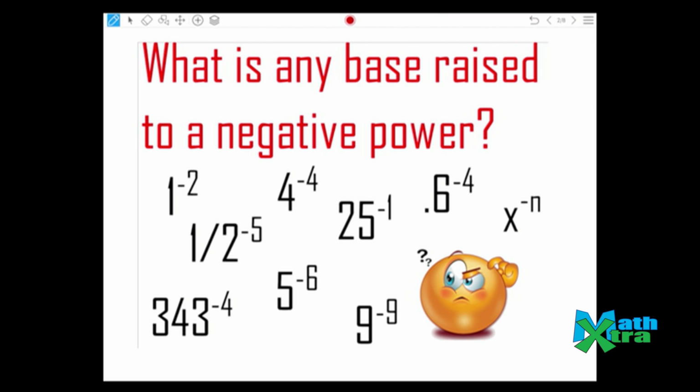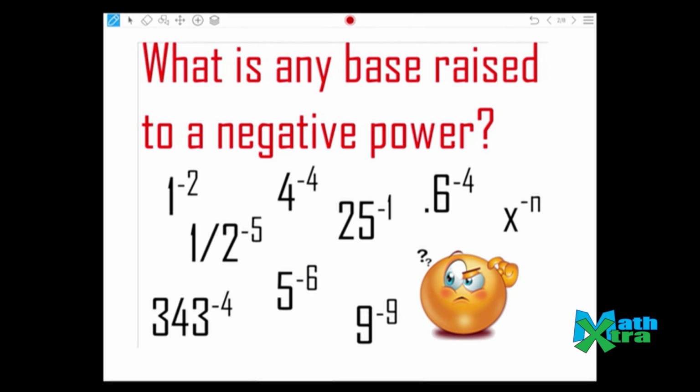All right, so now let's look at our lesson for this week. Here we go. It says, what is any base raised to a negative power? So last week we looked at any base raised to the power of 0. This week we are looking at the base raised to a negative power.